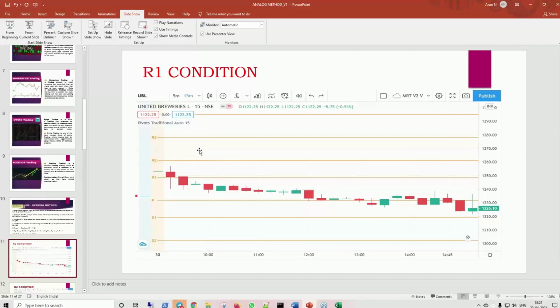In general, retailers think, okay, the stock is going to move up, and normal people try to go long, but the biggies always have alternate plans. They would be entering into their shorts, and when we are just going along with their direction, the probability of success is very high. So here we would be entering at this R1 with this pivot as target and this R2 as SL. Okay, so this is the R1 condition.